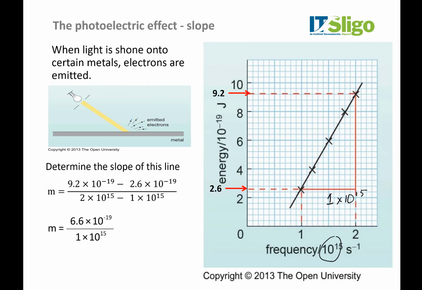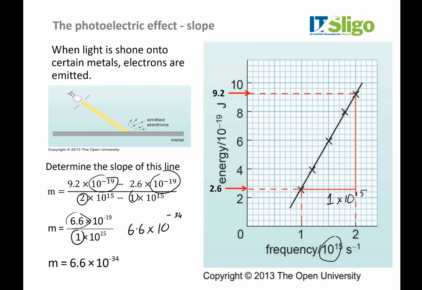So when we work this out, because these values are the same, we just simply subtract 9.2 minus 2.6, which gives us 6.6. Numbers do what numbers do, 6.6, and powers do what powers do. Minus 19 minus 15 is minus 34.